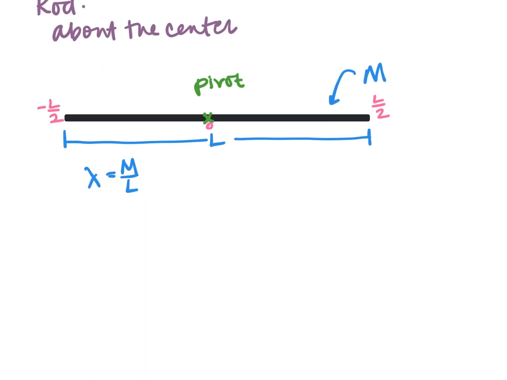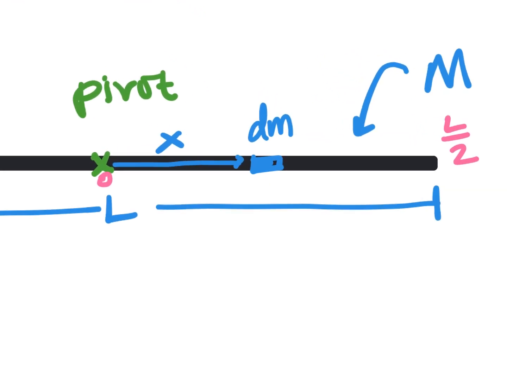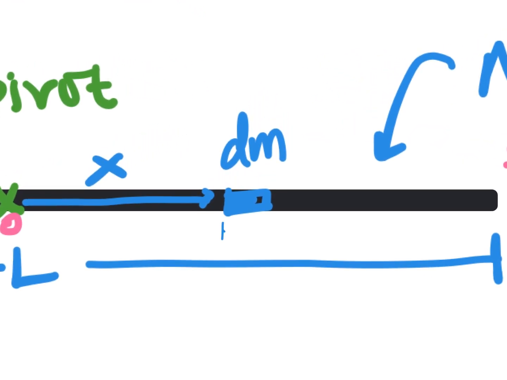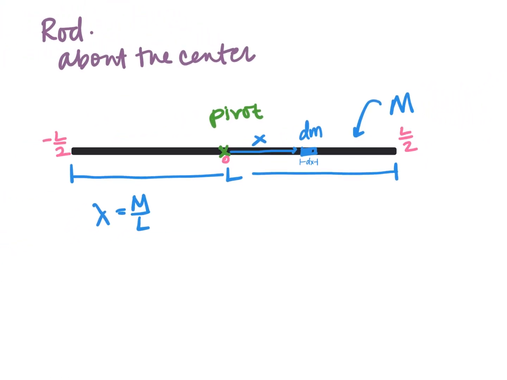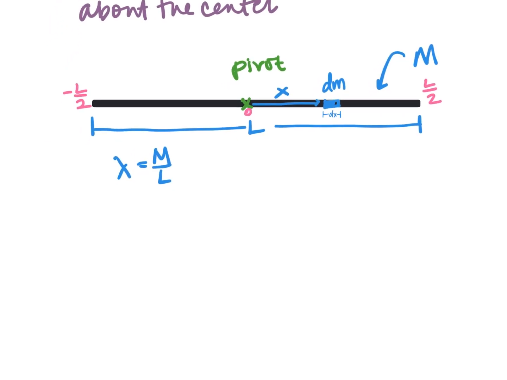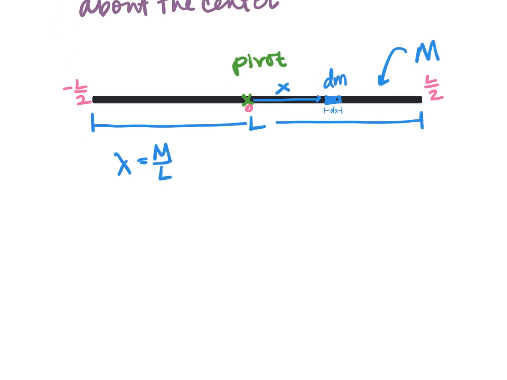So then if I evaluate a little chunk of this rod, it is a distance x from the center, and it has a mass of dm and a tiny little width of dx. So we're going to sum up all those little bits of mass to determine the rotational inertia.